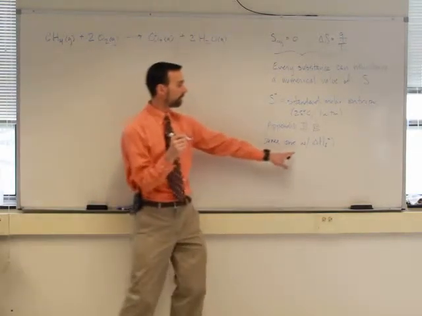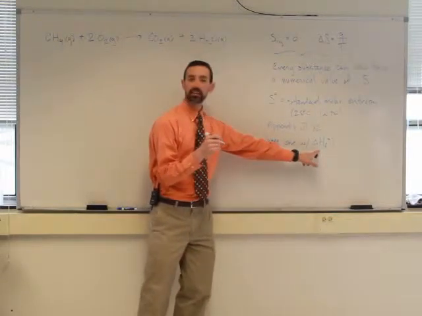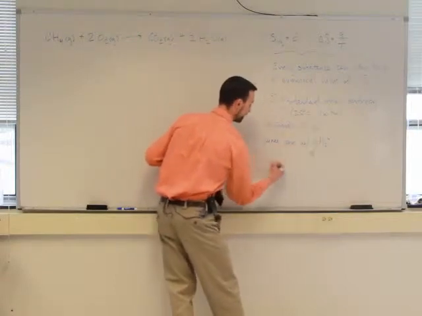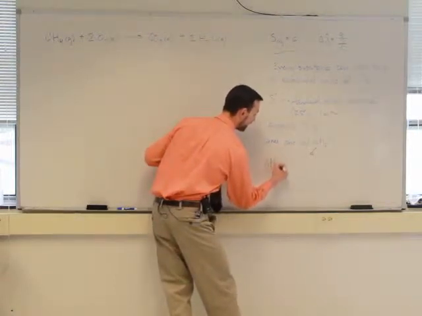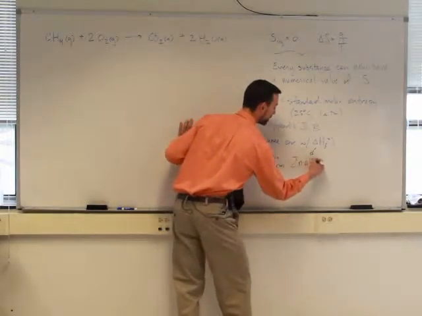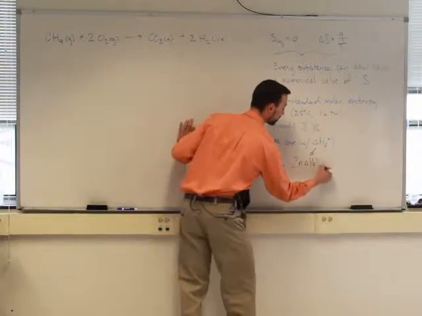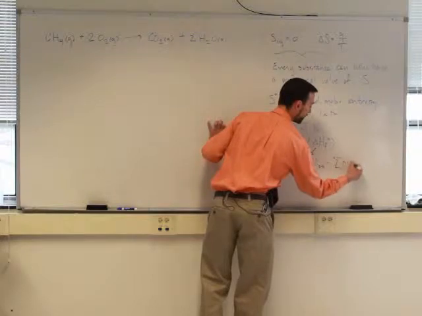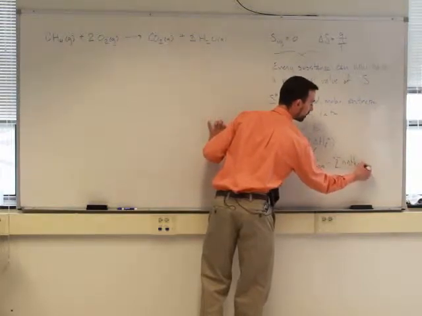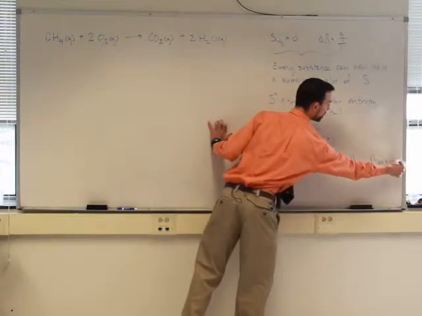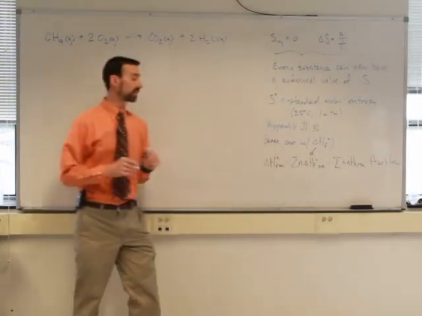And if you remember, when we learned about these standard enthalpy of formation values, we used them in a formula that said the enthalpy change of a reaction was equal to the sum of the enthalpies of formation of the products minus the sum of the enthalpies of formation of the reactants. Hess's law, right? That's back in chapter 6.